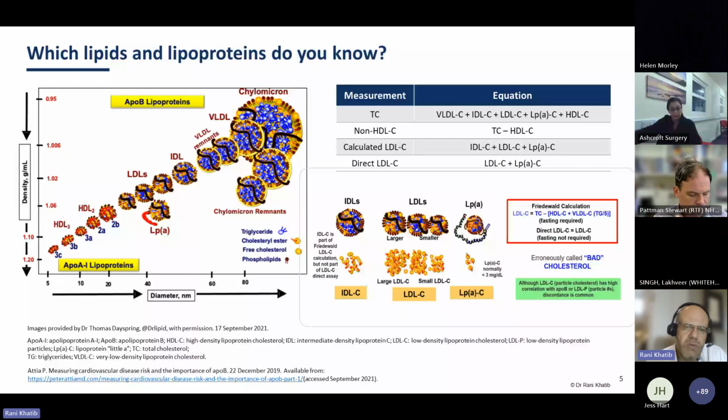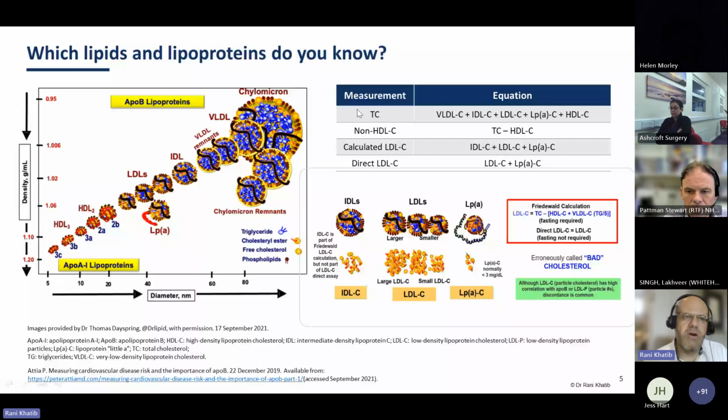When we measure cholesterol, if you just measure total cholesterol, you are measuring too many components. As you can see from this equation, you're measuring VLDL cholesterol, IDL cholesterol, LDL cholesterol, Lp(a), HDL. You're measuring so many things, and this is not helpful in identifying what you're focused on.